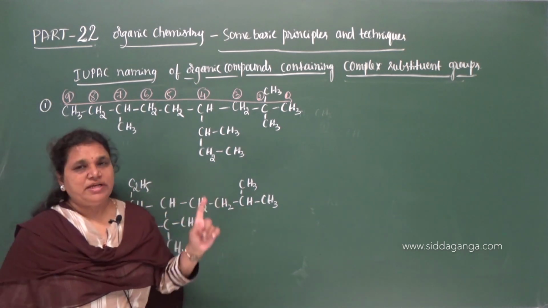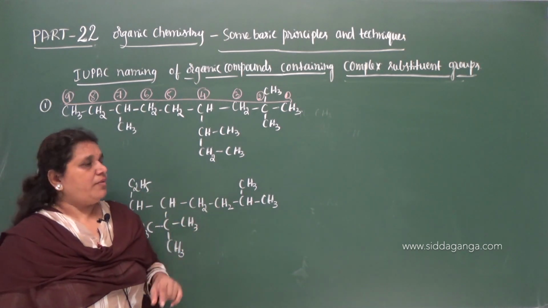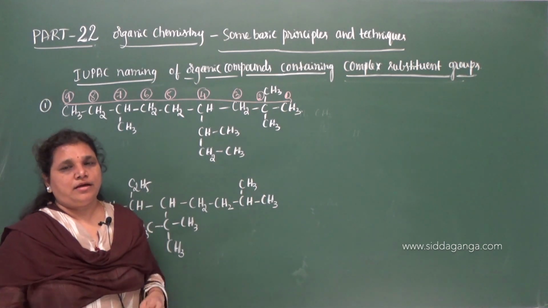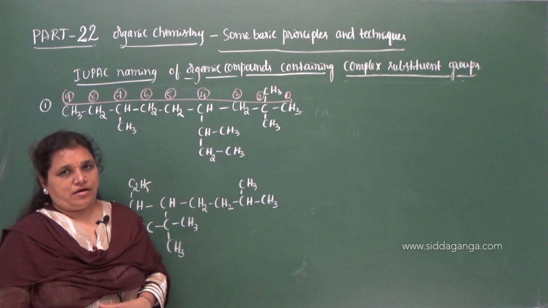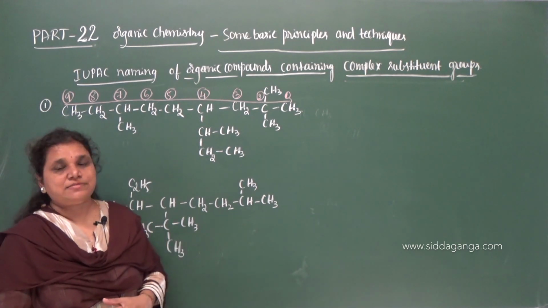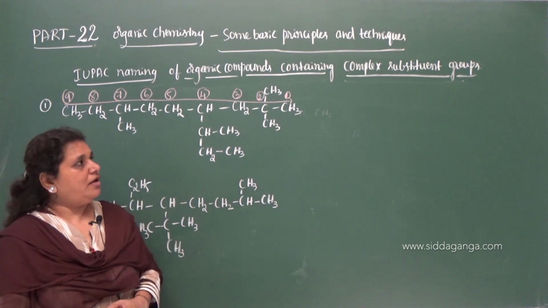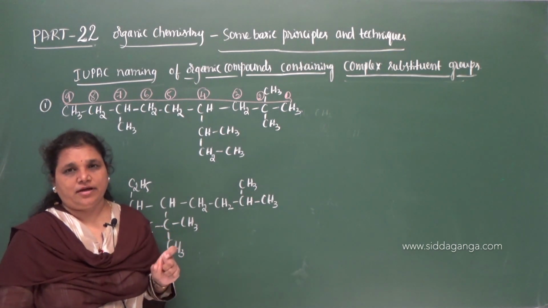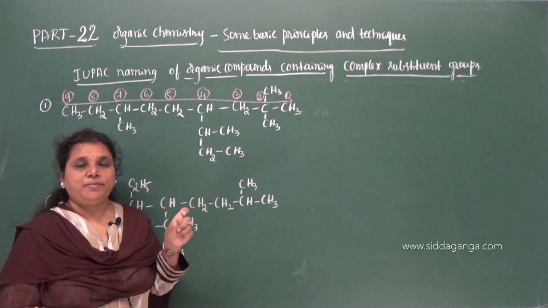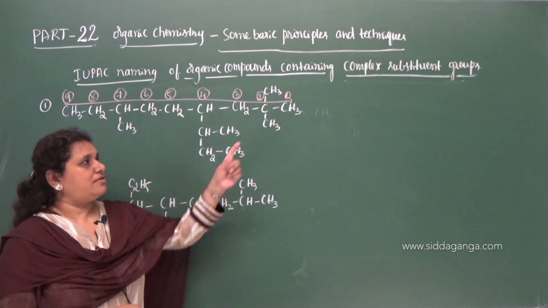So in total it will be trimethyl, but we cannot consider the letter of the prefix for the alphabetical order, because it is a simple substituent. We need to consider the first letter of the fundamental name of the alkyl. So the first letter of the fundamental name is M, that is methyl.